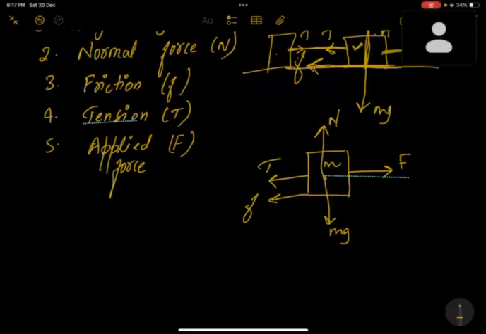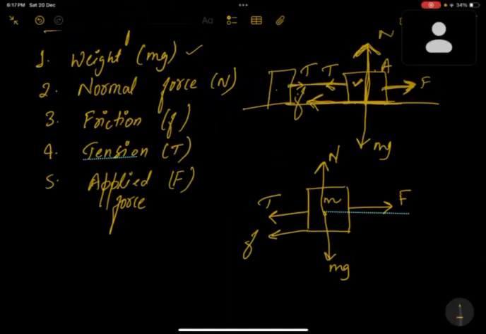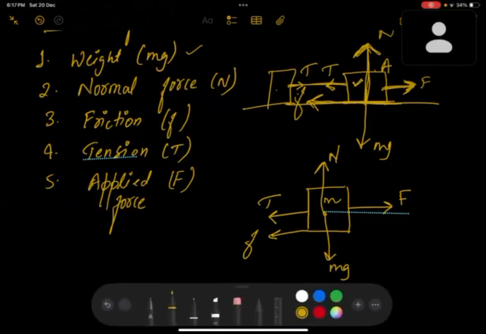Now how can we apply this? Tell me, when I pull this object by this force, where will the object move? In which direction? Can you tell me? On the right side.